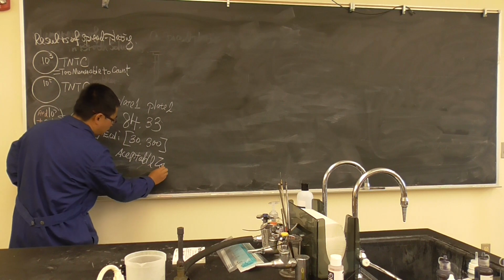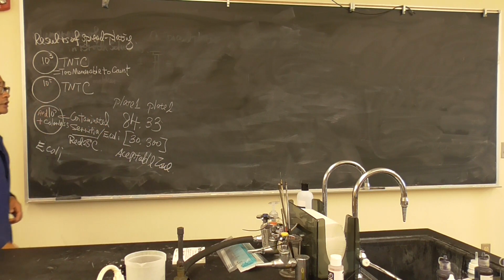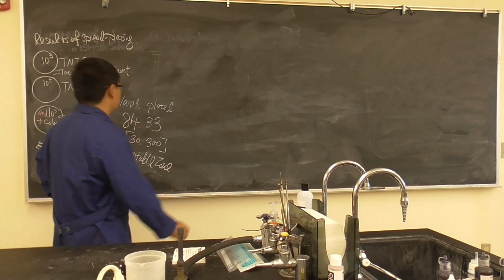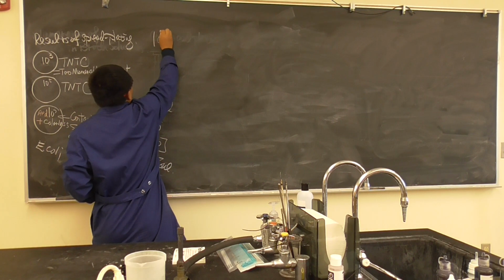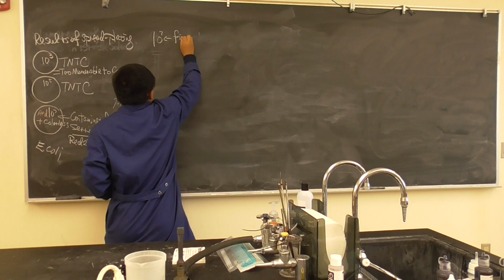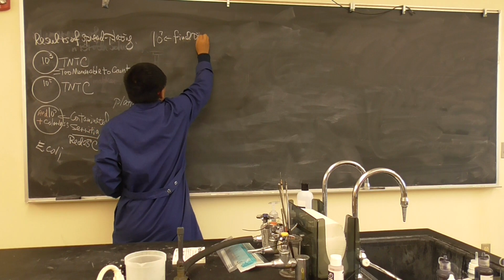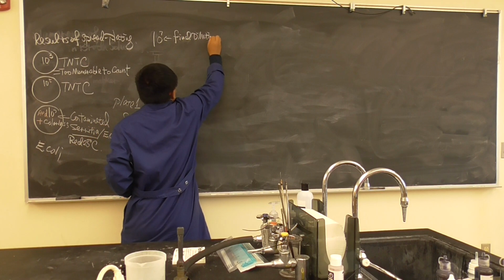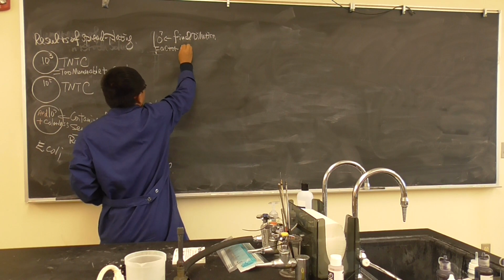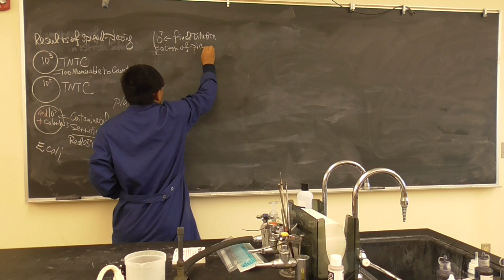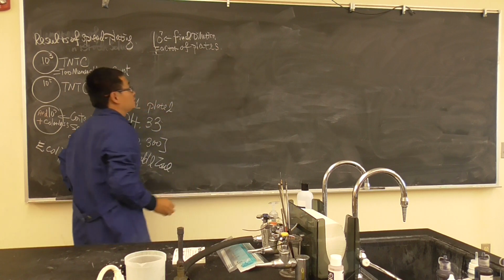Okay, so now what is the number going to look like? Because we talk about the 10 to the 7, that is the final dilution factor of the plates. So that makes your life very easy.